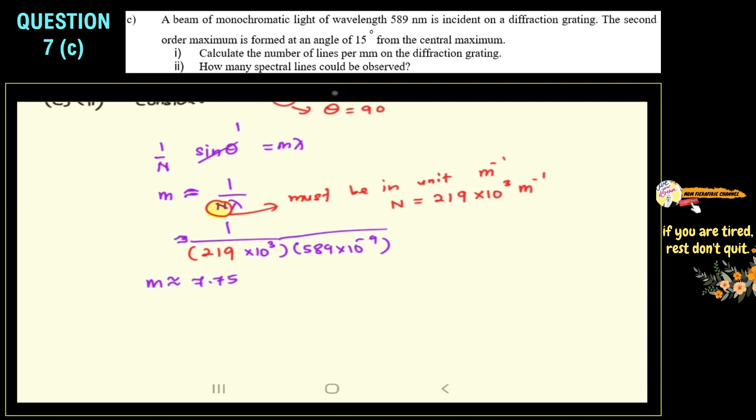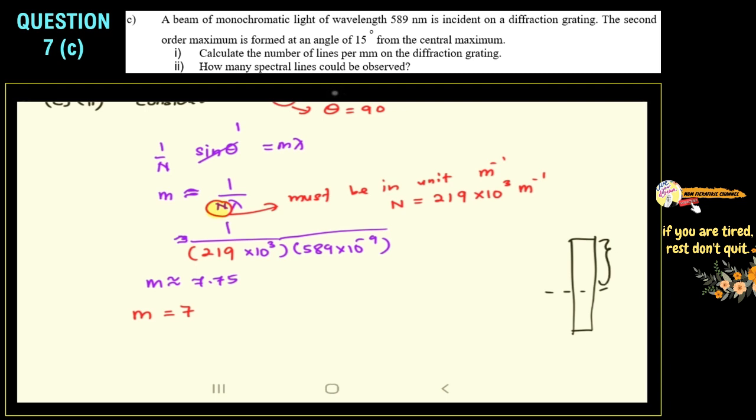So kita kena ambil therefore okay, M jangan bundarkan kepada 8. The number of order that we can observe is 7 order. Okay, jangan bundarkan kepada 8. 7 order. Okay, so on the screen we have two side. Okay, let's say macam ni, tengah. Kan kita ada side atas dan side bawah.